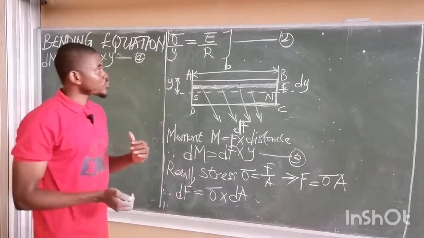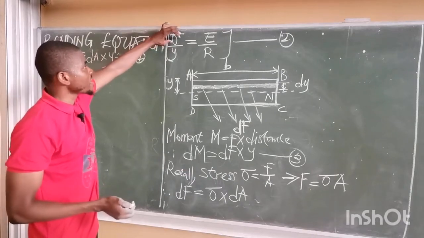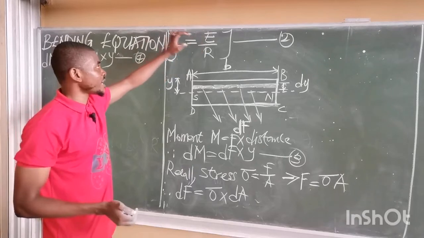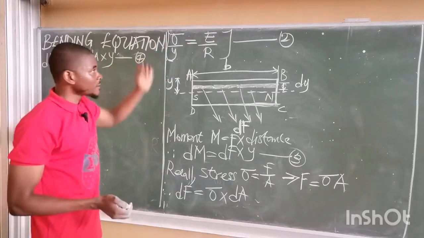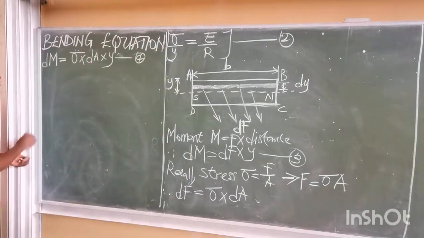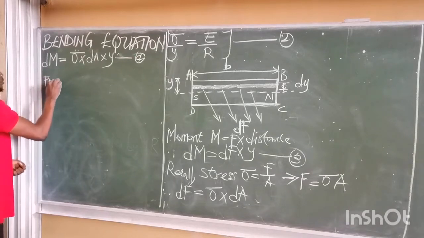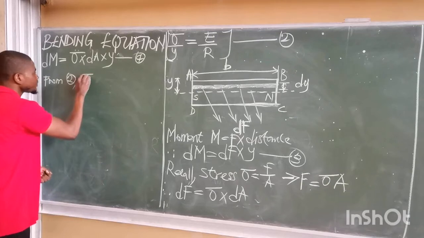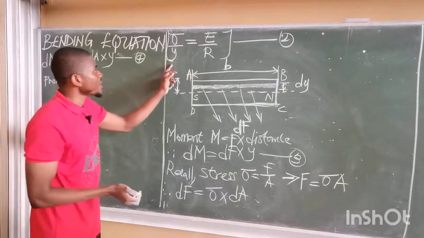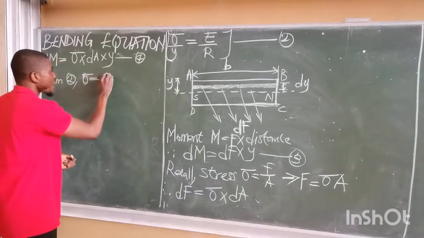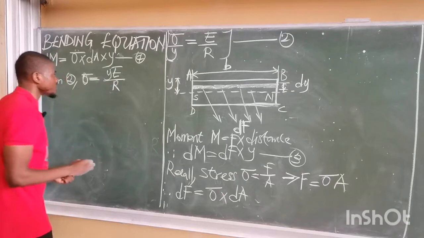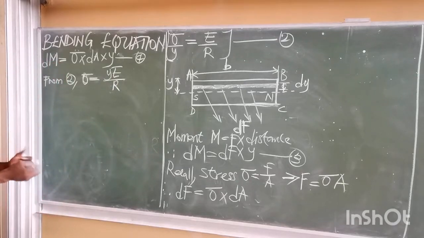Now, recall from equation 2, we can make stress the subject, because from here we can simply send y over. Stress itself is equal to y times Young's modulus all over the radius of curvature.